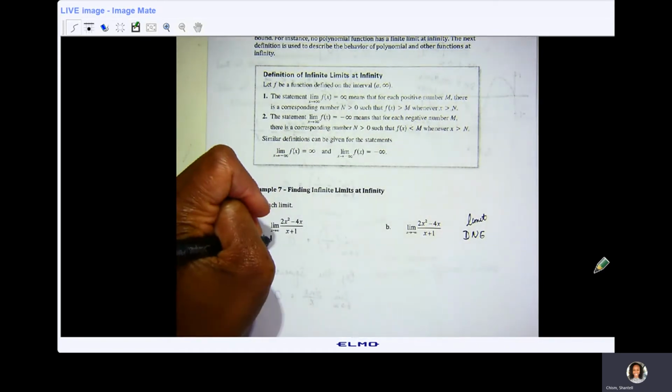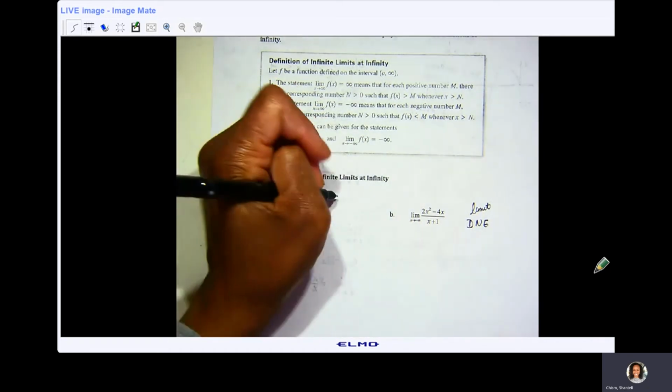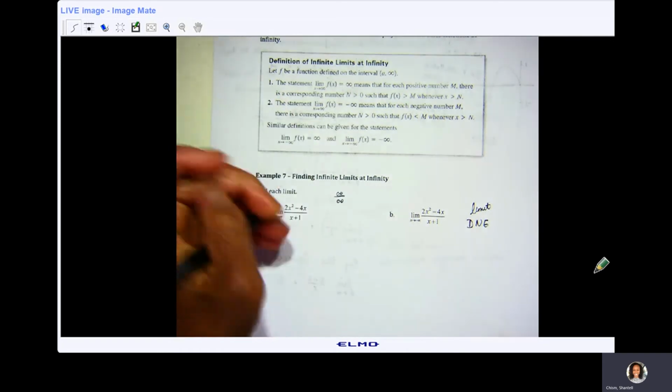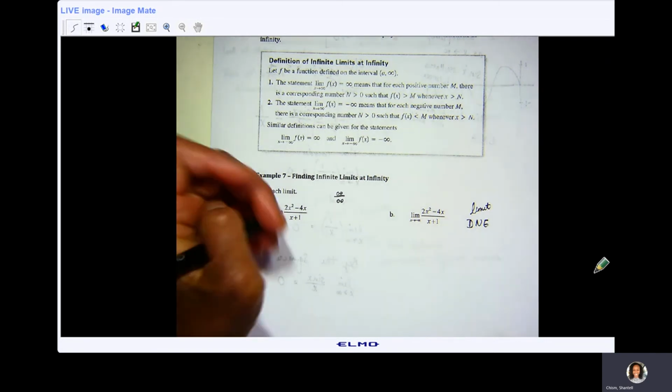But again, if you didn't remember that guideline, right now this is indeterminate, infinity over infinity, so you would have to divide out by something. I'm going to say divide out by an x, but it's still going to work out to where you get does not exist.